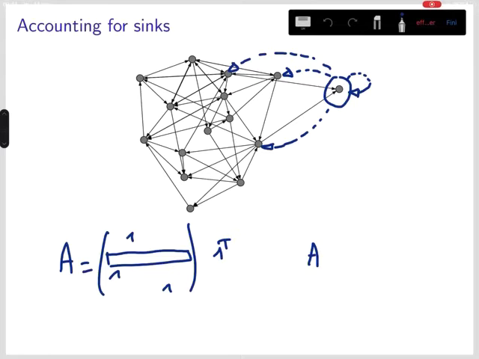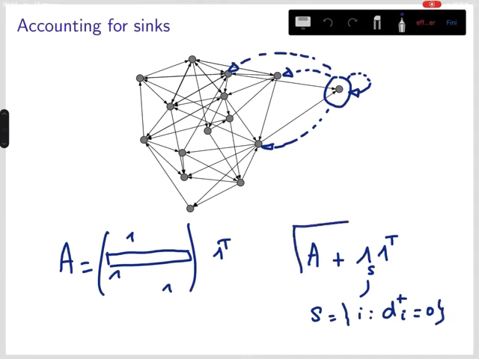You will, in practice, store A plus the vector of things times this vector of ones. Okay, S here is the set of nodes having no outgoing edge. You will store this structure to make your matrix vector multiplications.